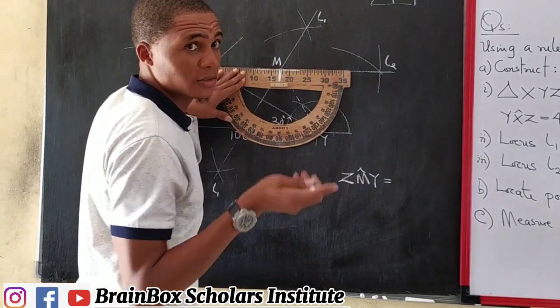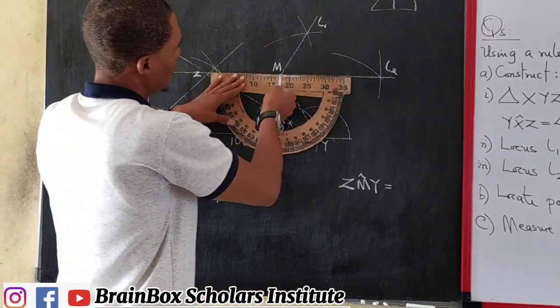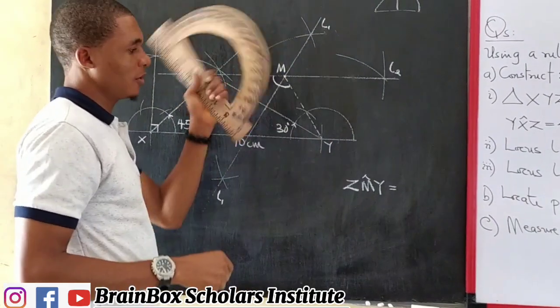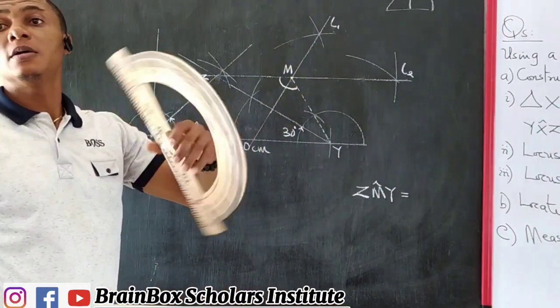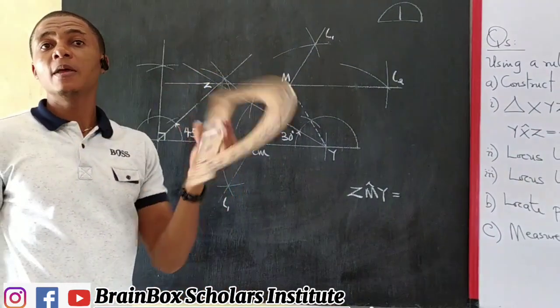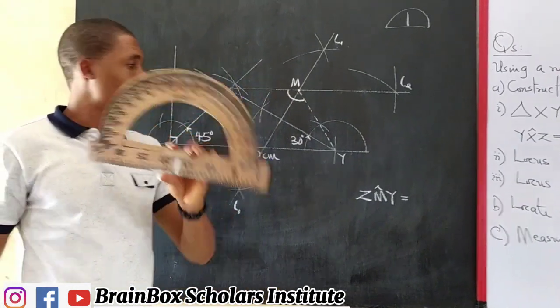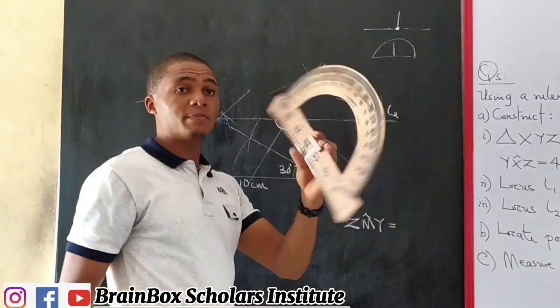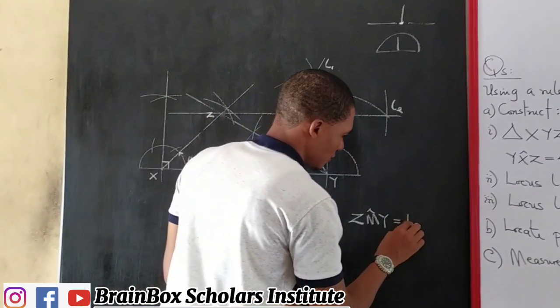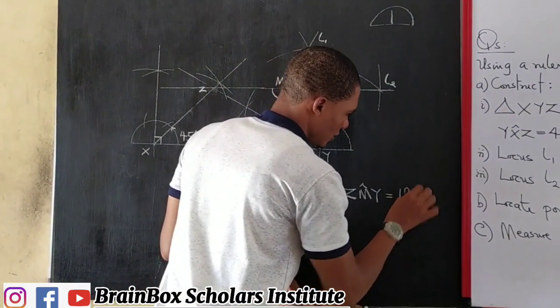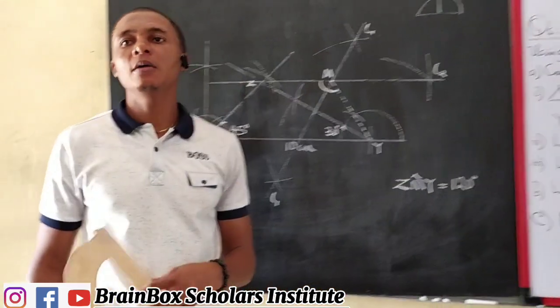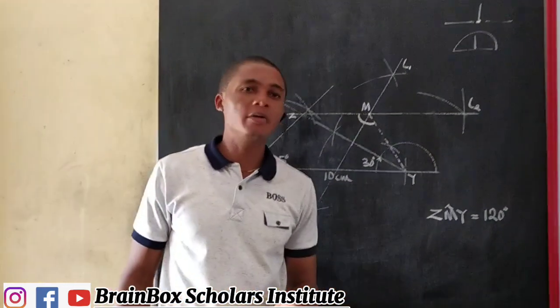Okay? But yours is what? 120. So mine is giving me 130. So this is a locally made protractor. Okay? But the correct measurement should be what? 120 degrees. Okay? Alright.